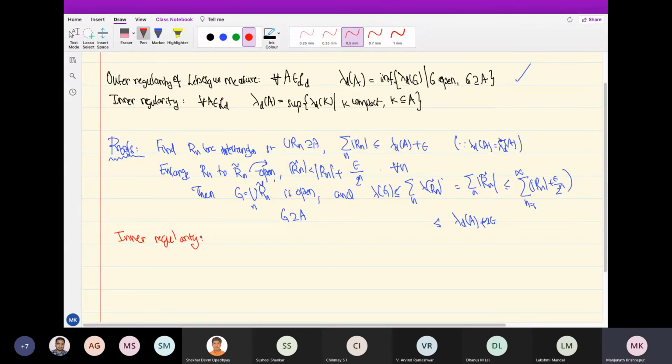To show inner regularity, the best is to just say complement or something like that. But it may be, so suppose, let me put it this way, suppose A contained in R^d, sorry, a measurable set, not any subset. A is a measurable set.